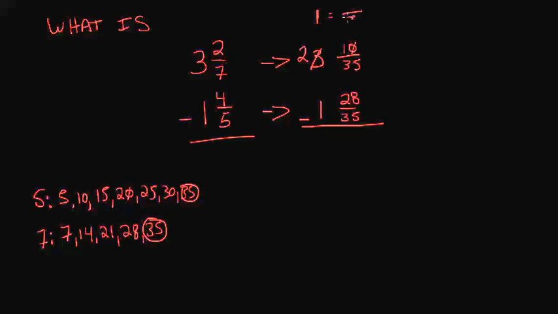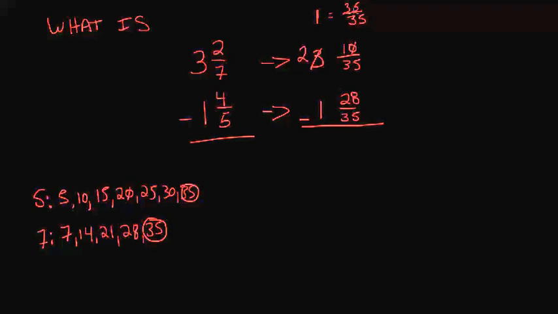Well, from what we know about basic numbers, anything over itself equals 1. So 35 over 35 equals 1. And now that I have this 1 broken up into 35 pieces, I can give it to the 10/35.